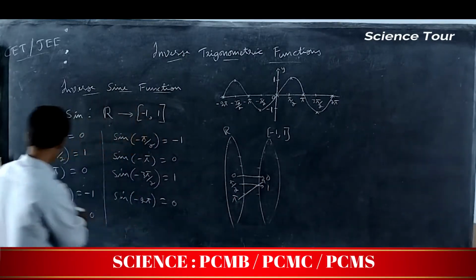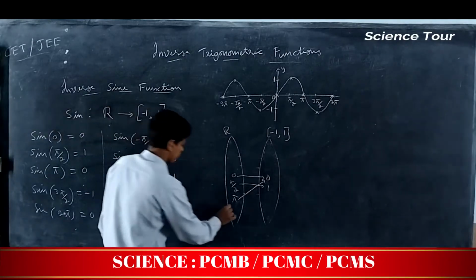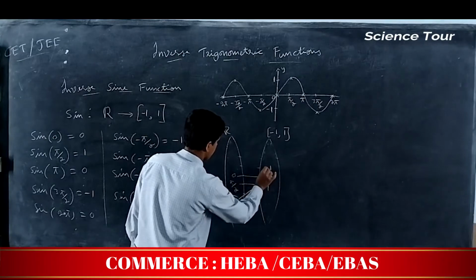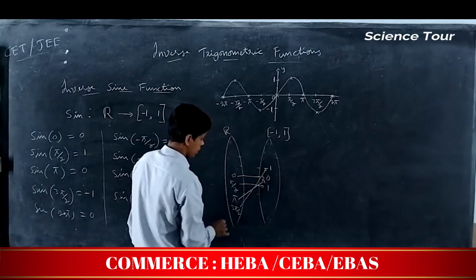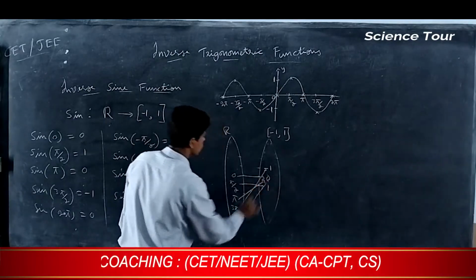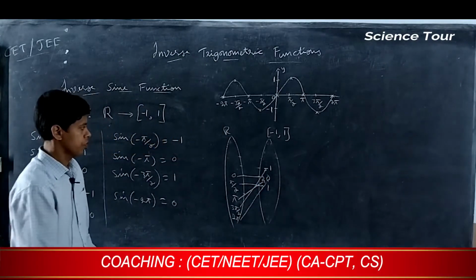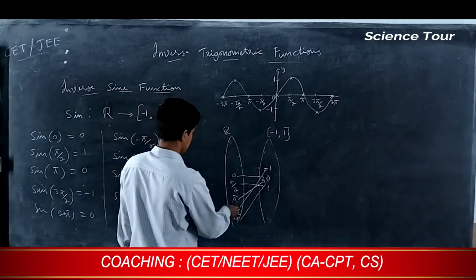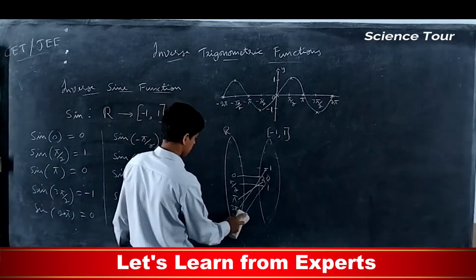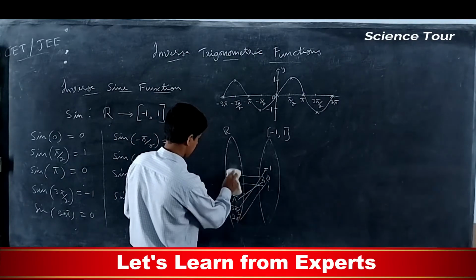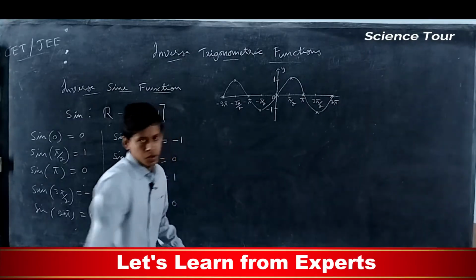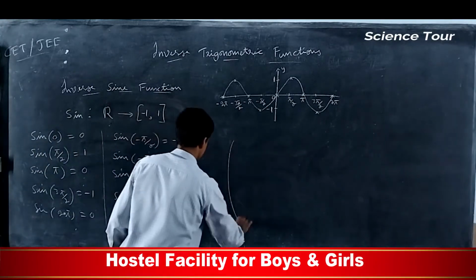And what about sine 3 pi by 2? That will go to minus 1. And what about sine 2 pi? 2 pi will go to 0. By this itself you can understand. So look at this. If you want a clear-cut graph, I will write only a few values.